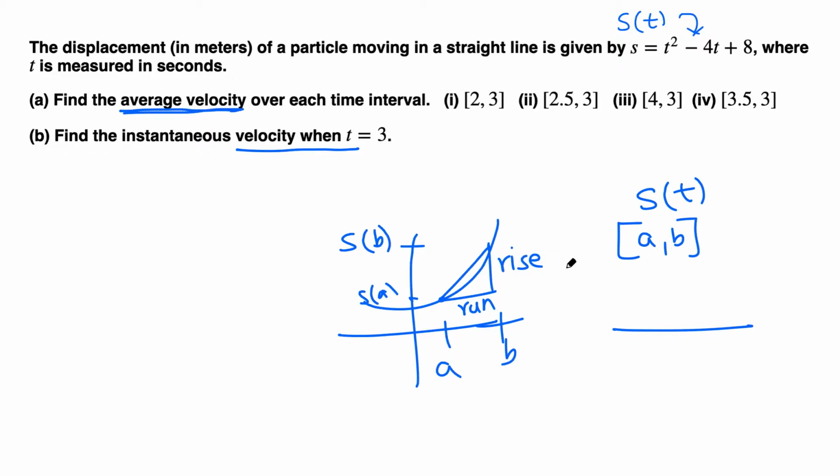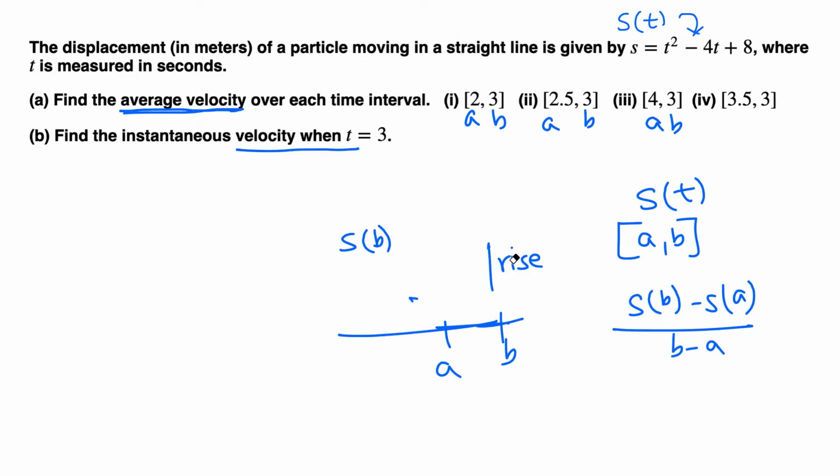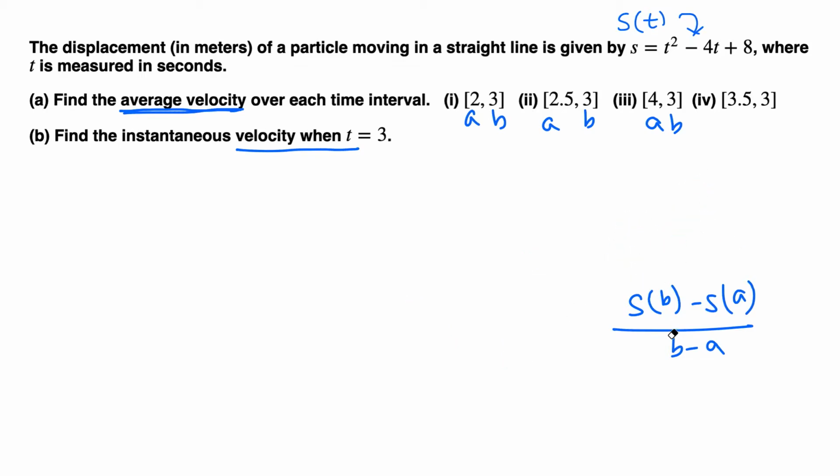Rise means evaluate S at B minus S at A, run means B minus A. So these are A and B for each question, and we're going to use this 4 times, just for part A. Then instantaneous velocity means just the derivative, slope, rate of change.